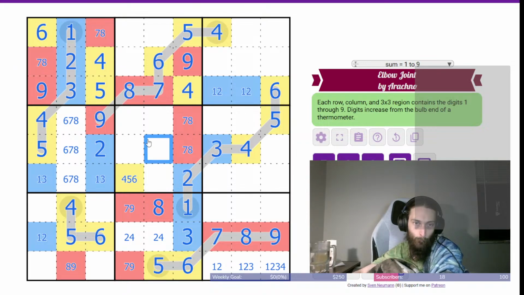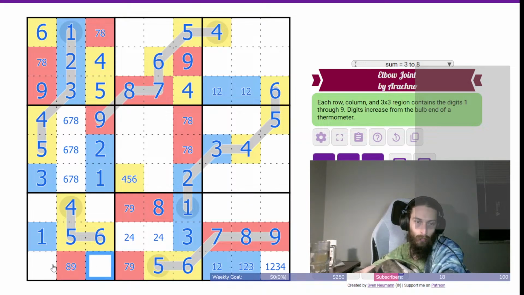2-4 pair in row 8 sees the 1 at the. One of these two is a low digit, right? Yeah, 1 can be placed in box 2.